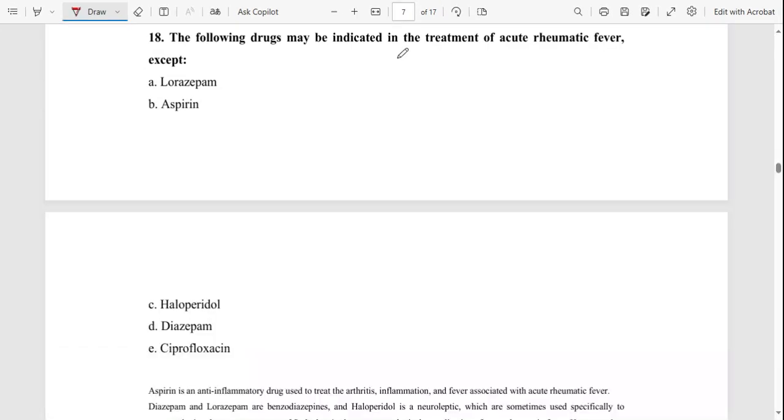So I was saying that in rheumatic fever, it's common between the age of 5 to the age of 15, where someone has an infection by the group A beta hemolytic, not staph but strep.